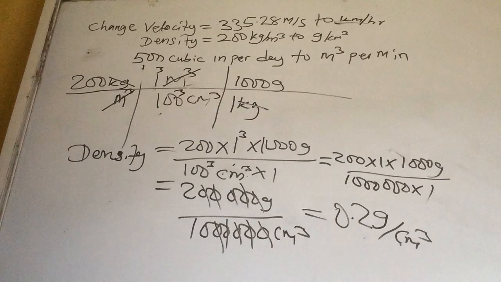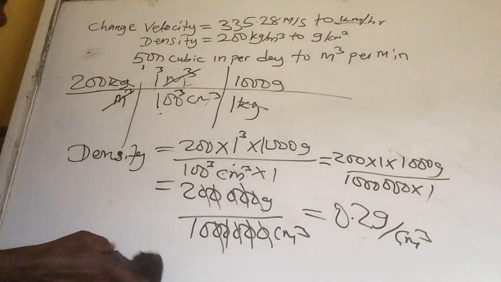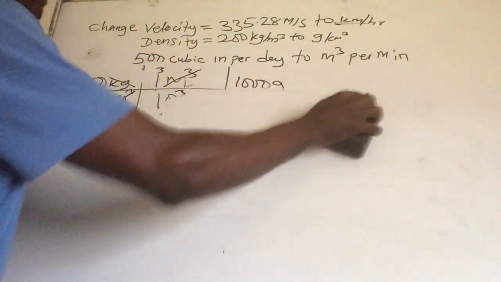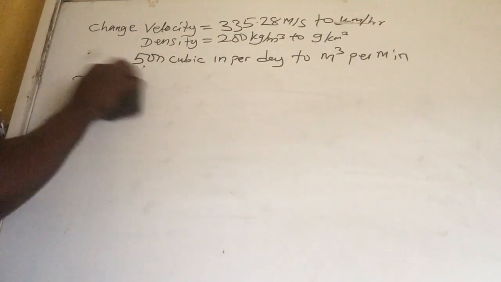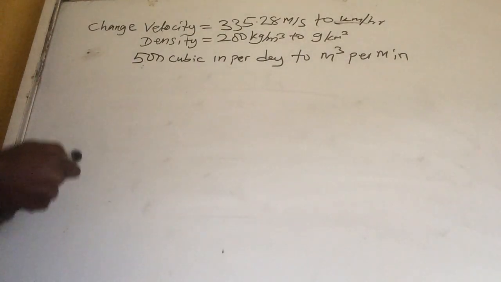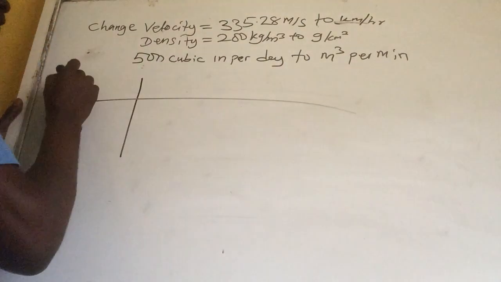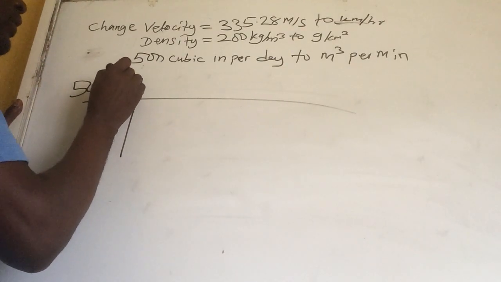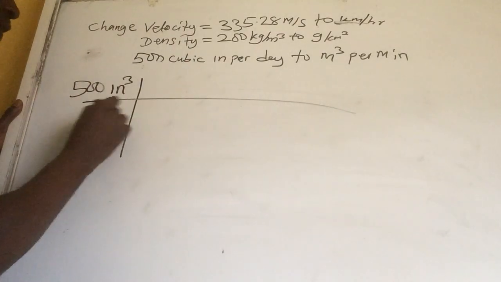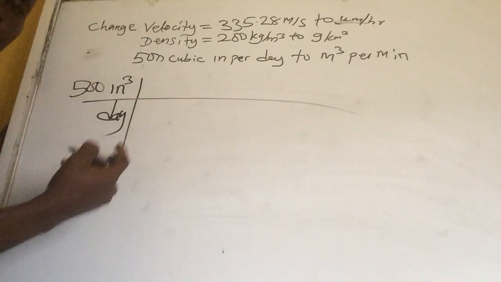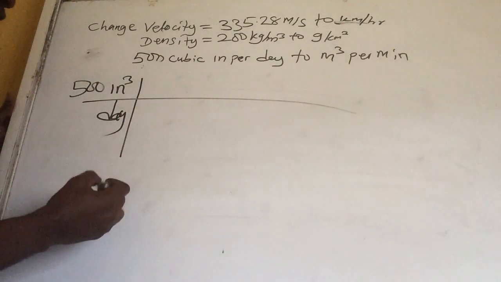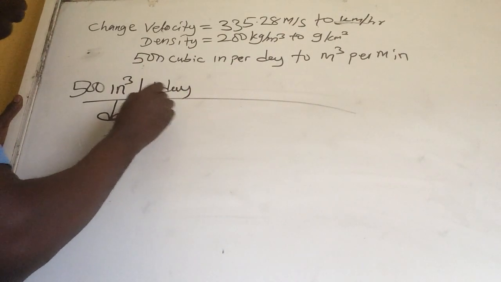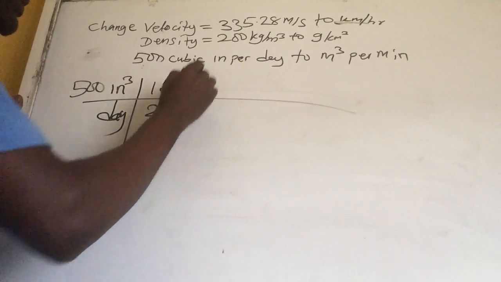Then another one is the third one. You draw your line, put your 500 cubic inch per day. Now you start. 1 day is what? 24 hours.